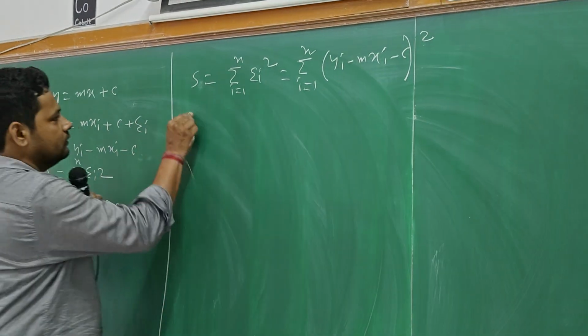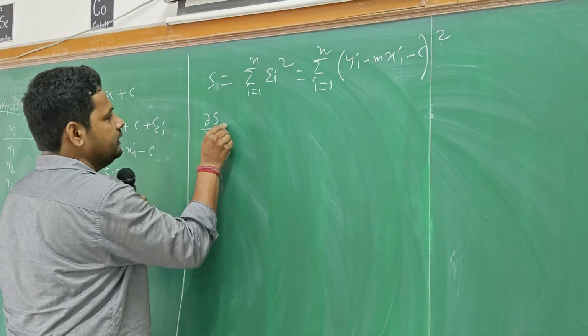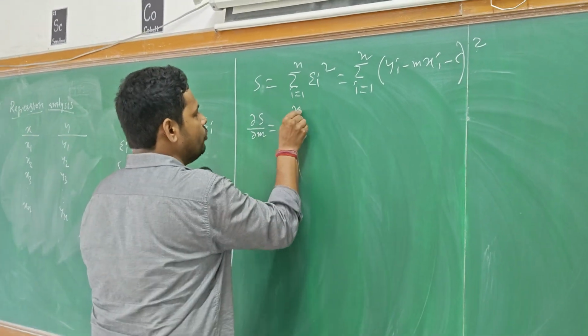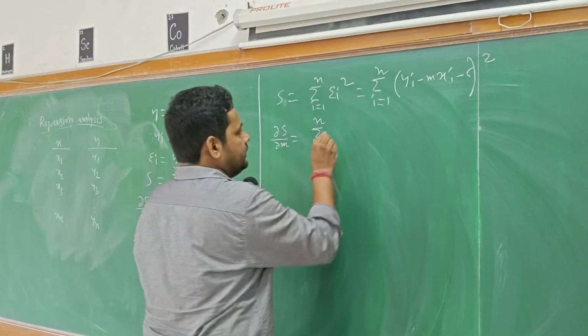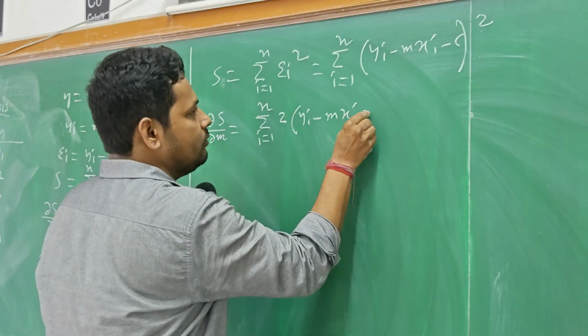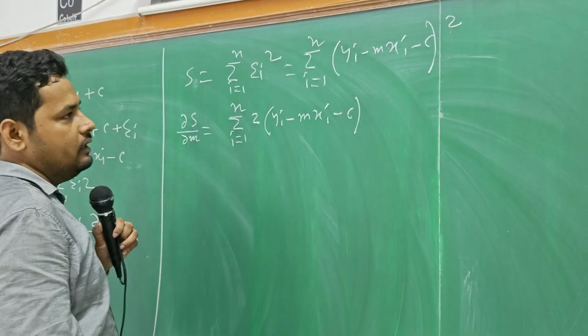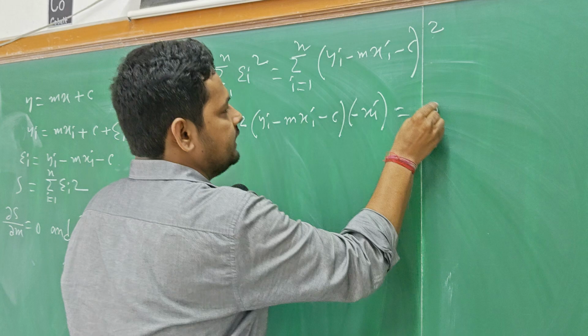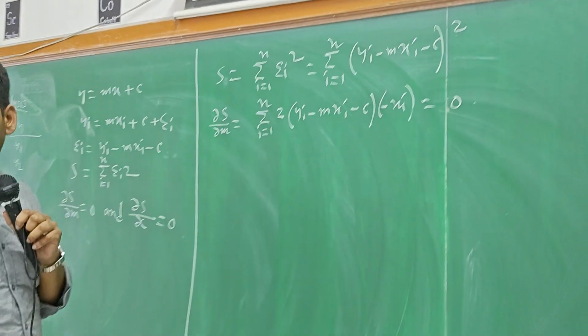So del s del m, this value is summation i equal to 1 to n. So it is 2 into yi minus mxi minus c, and this will be minus xi equal to 0. This one will give this thing.